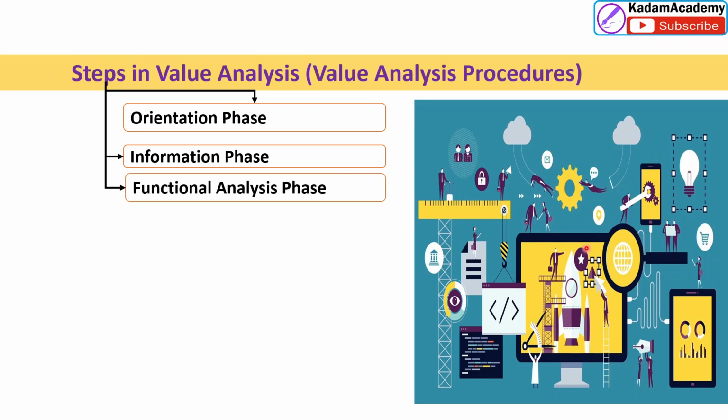The next phase is the functional analysis phase, the functional cost and worth analysis. This phase involves the analysis and identification of functions. What we studied in the part 2 video will be implemented here.